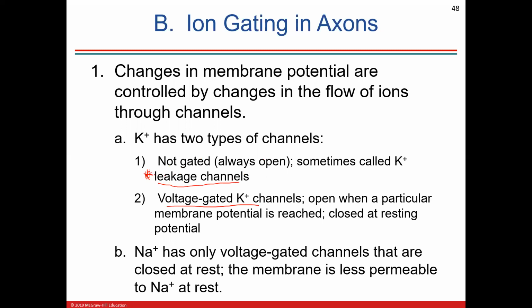So it has a tendency to leak outside the cell, downhill with its gradient, not against its gradient. And that really helps maintain the resting membrane potential sometimes. It stops an inappropriate depolarization, because it has to come out to repolarize. So you have to repolarize it back to the resting membrane potential.